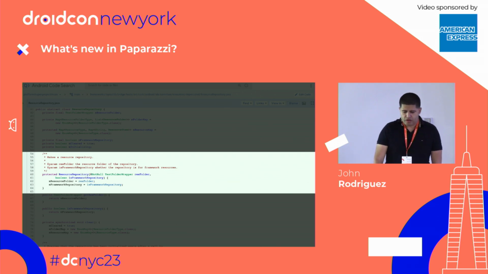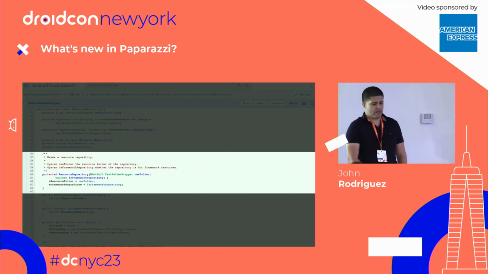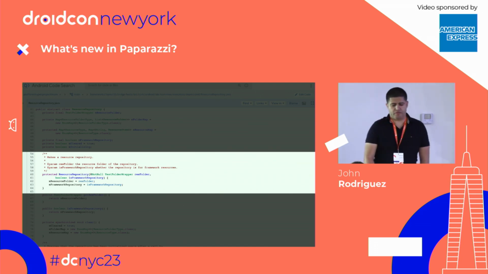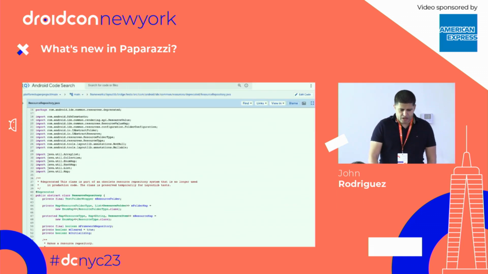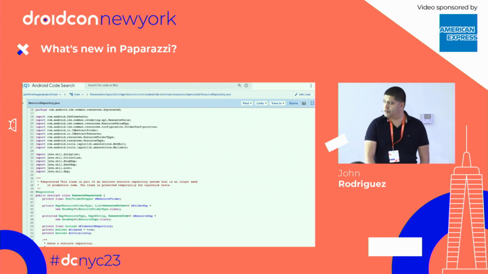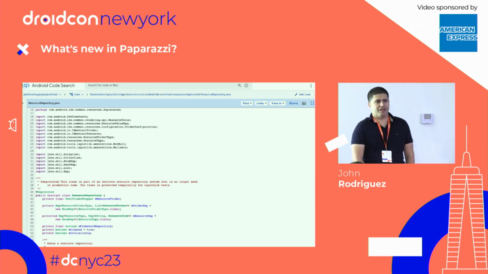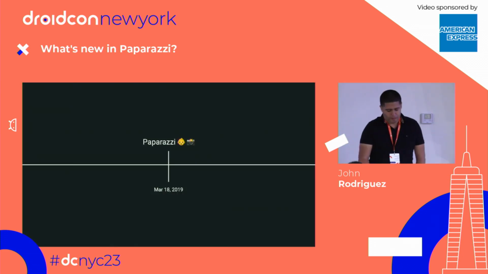There was one bit of a problem in that resources aren't all contained in one place. And so how do you pass it a single folder when you may have resources in your local module or in your transitive modules or in AARs? And I'll talk about how we doubled down on this hack in order to accomplish that. A note here, though, is that when we borrowed this class from the Android Studio sources, it was already deprecated. Yet we marched on.